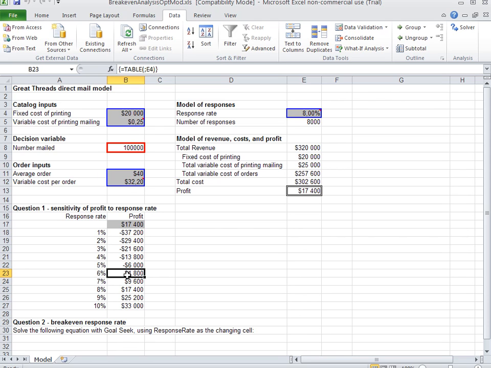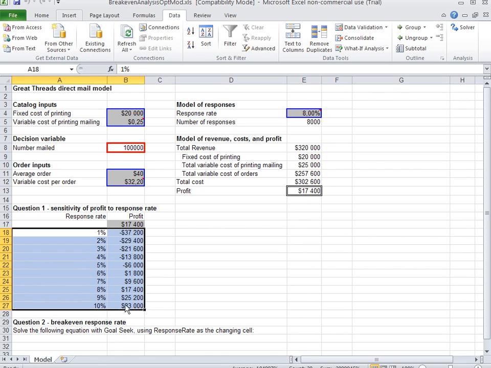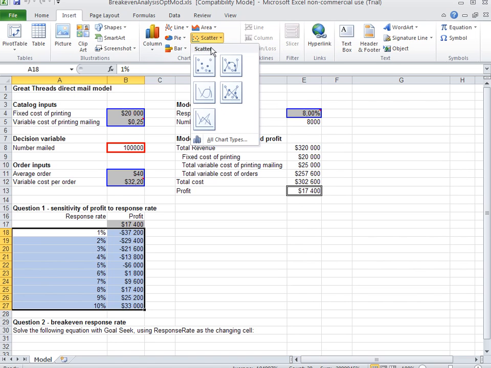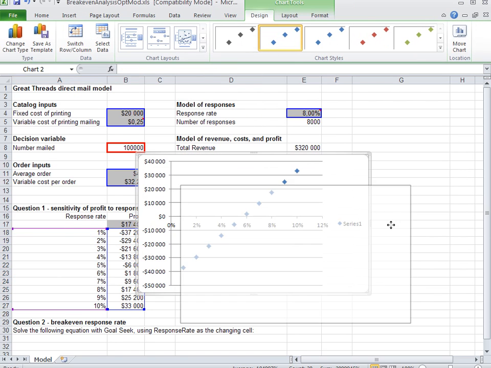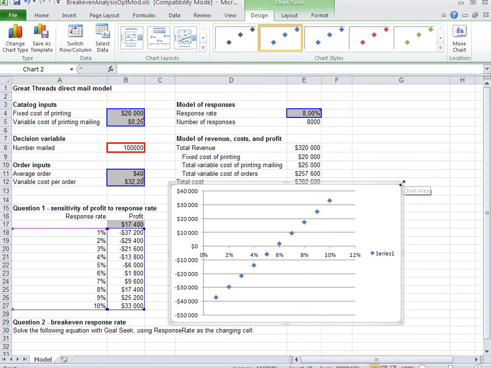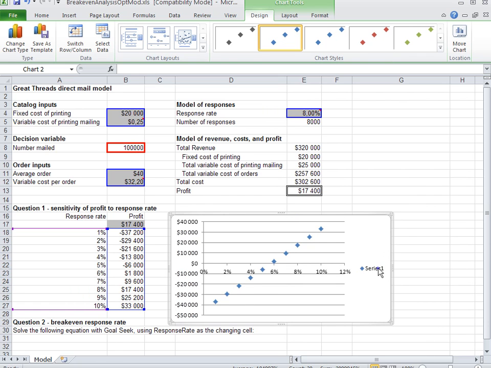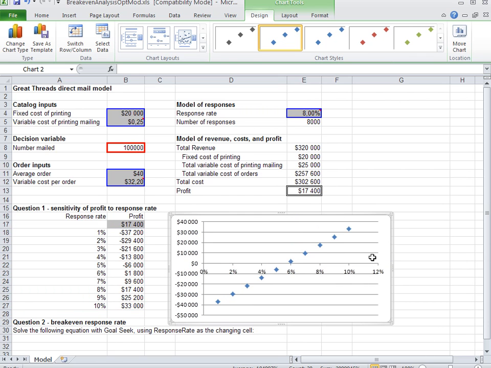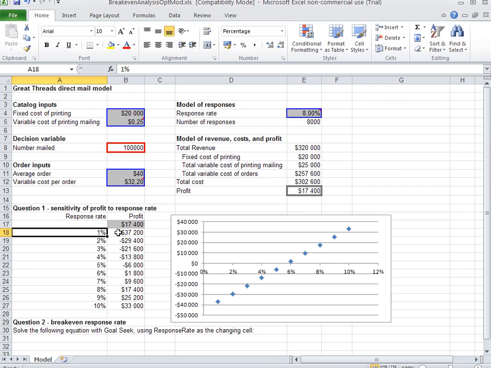So what we're doing now is we're selecting the table, and we use insert scatter graph. In such cases, we always use scatter graph. That is because, in the case of this table, we have coordinates of points.